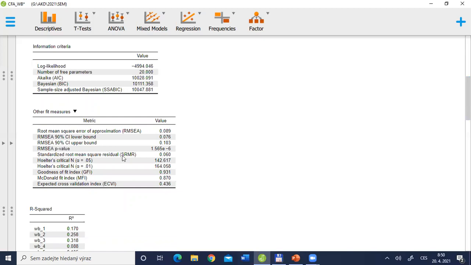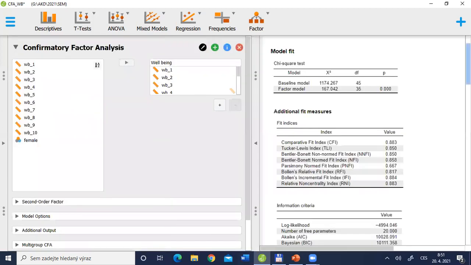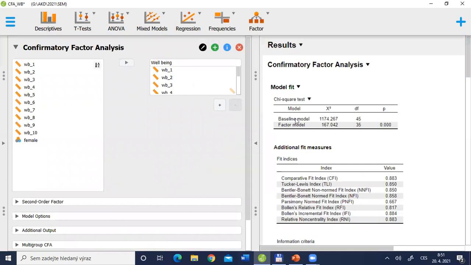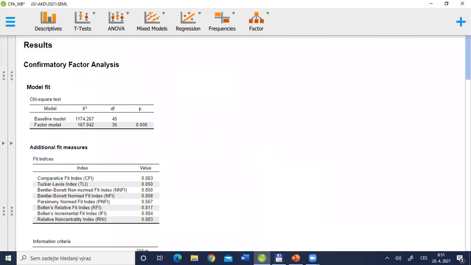And SRMR below 0.05, once again a slightly bigger value. We can see here 0.06. So maybe there are some problems present in my data. Once again, we cannot recognize these problems from the chi-square test, as the chi-square test is too sensitive for my model, but we can recognize them from these additional criteria.